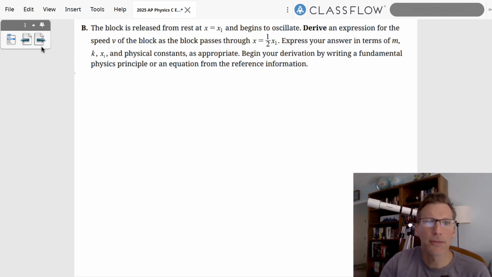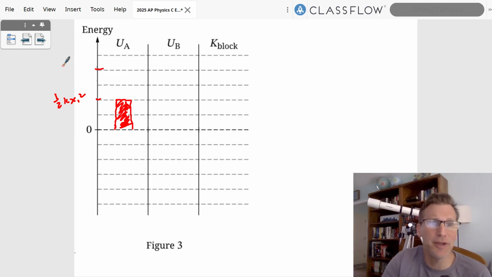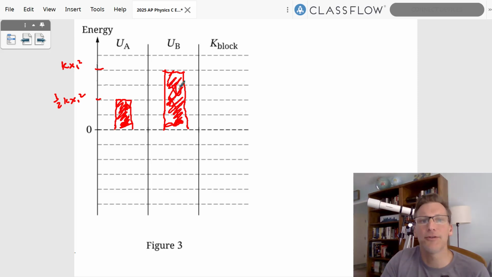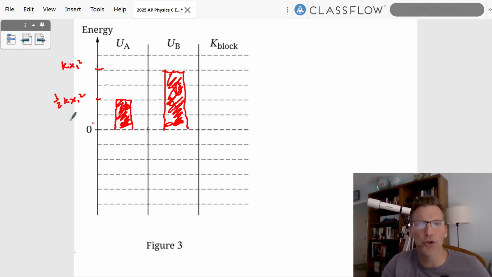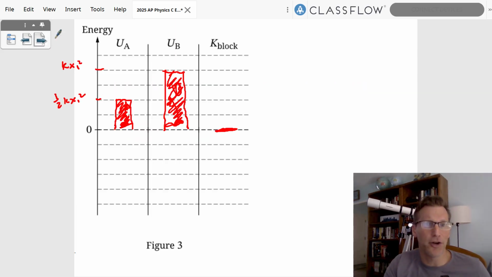Now look at B. The potential energy of B is going to be 1, not 1/2, k x1 squared, which means this is going to be k x1 squared up here. That's going to be as far as this goes, and that's going to be our energy bar graph. If you drew it lower, as long as it's proportional, you're good. And of course, the kinetic energy, it's at rest, so we're going to put a distinct line at 0 right here. And so that was question A, the energy bar graph.